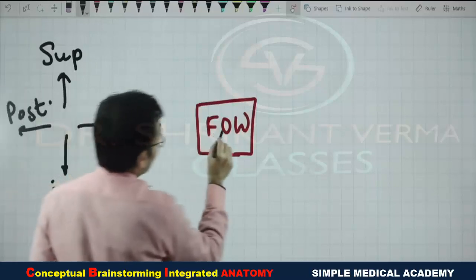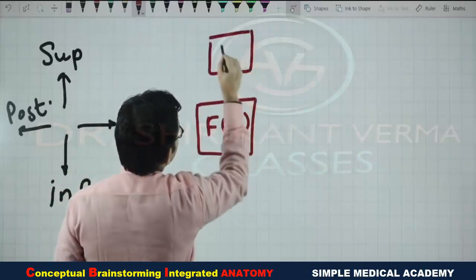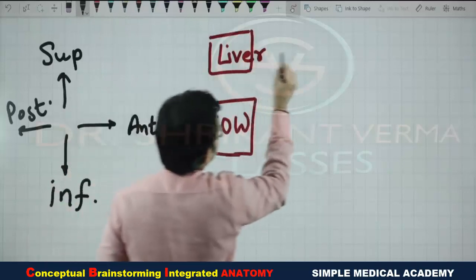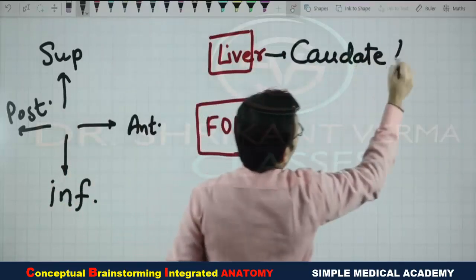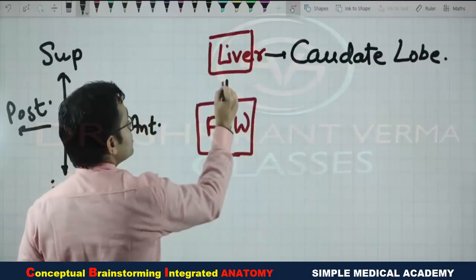What is the boundary of the foramen of Winslow on the superior side? Make a brownish structure, that is the liver, but the better answer is the caudate lobe or caudate process. So it is forming the superior boundary.